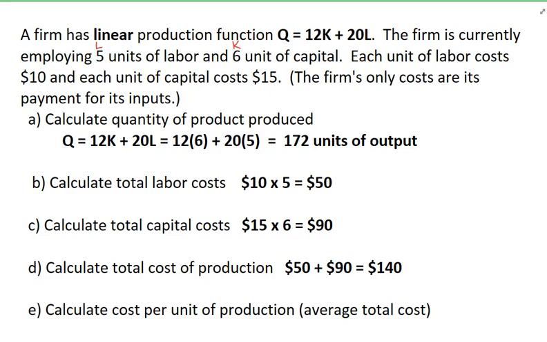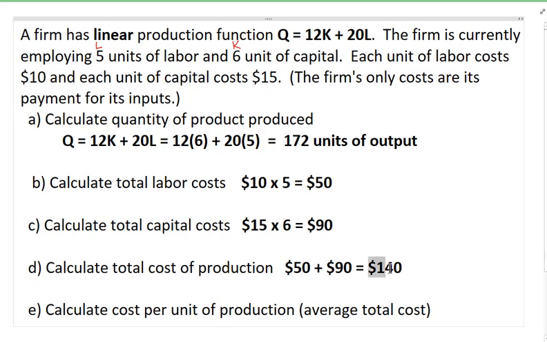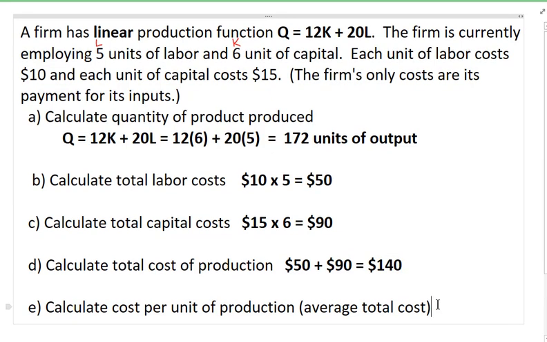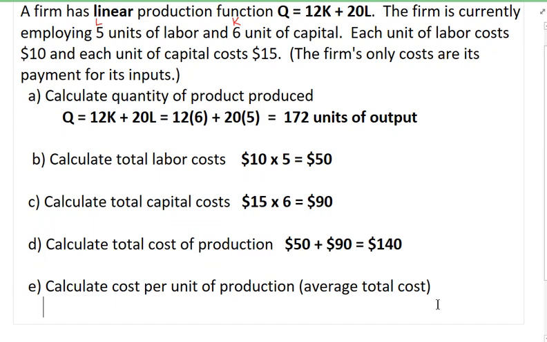Let's see. Average total cost. So you take the total and divide it by the quantity of units produced. So the total cost is $140. If you divide that evenly by the quantity produced, now how many are produced? Well, it says right here, 172.